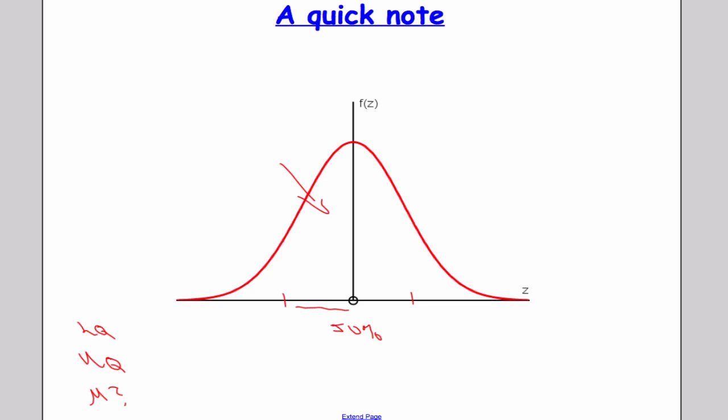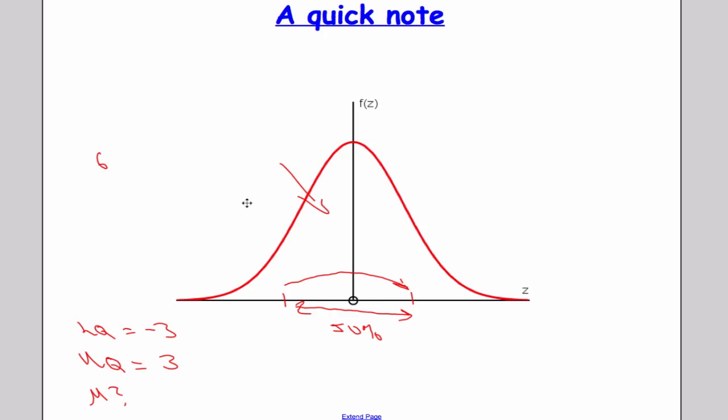Let's suppose that the lower quartile was -3 and the upper quartile was +3. To get the mean, I work out the interquartile range, which in this case is 6.